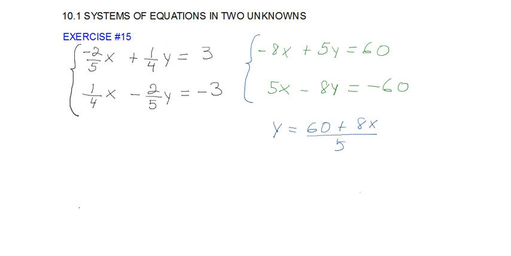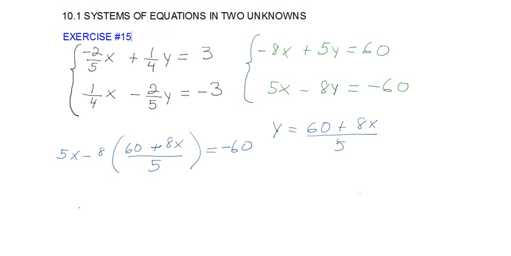So I use this equation to solve for y, and then I can use substitution and use the y right here. And so now I have 5x minus 8 times (60 plus 8x), and I divide this by 5, and this one is negative 60.